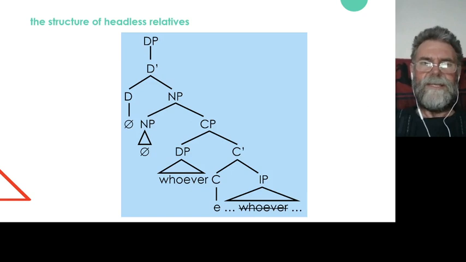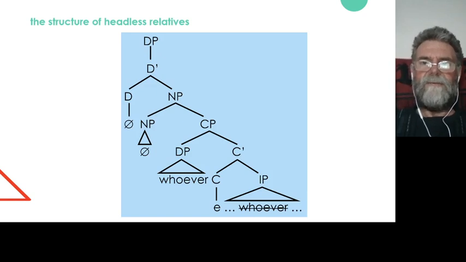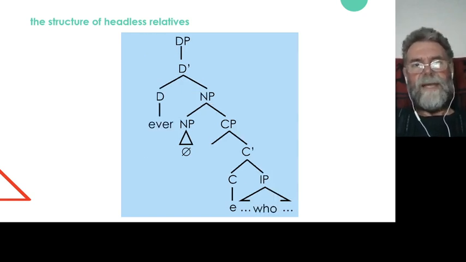Well, one way that we could account for that is to make use of this idea that there seems to be something missing in the DP that isn't pronounced. Maybe what we could claim is that this ever is in fact a pronounced determiner, that it actually sits in that position there, which therefore means that the WH element inside the relative clause is just a simple WH phrase without the ever there.